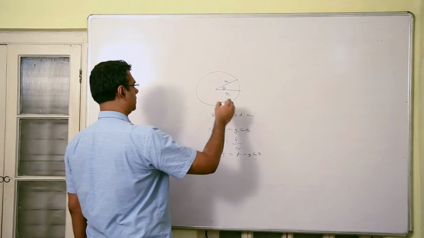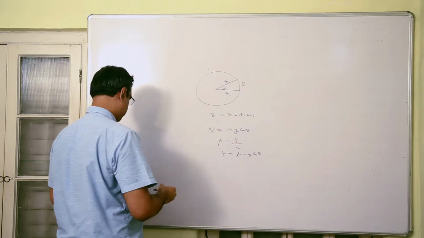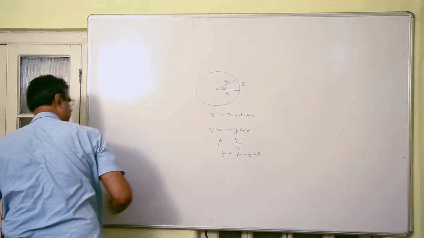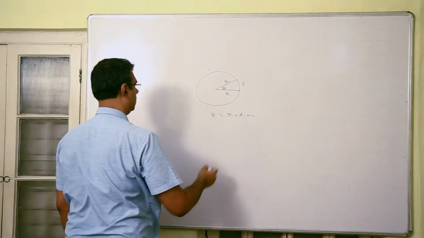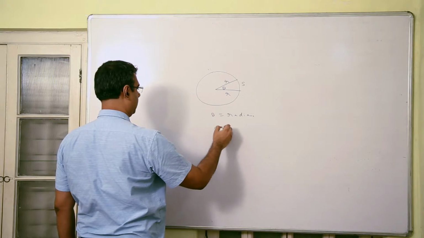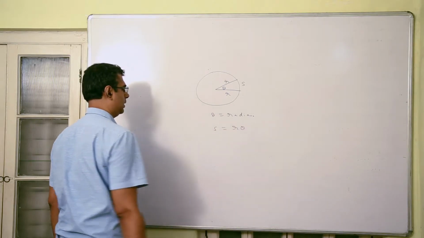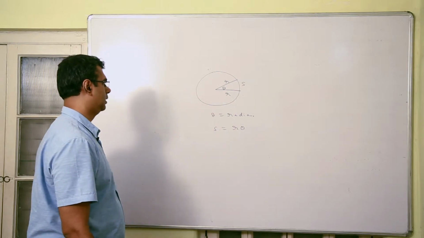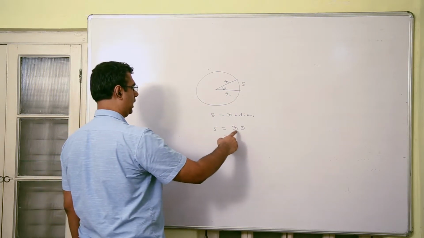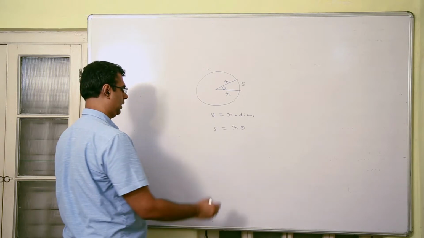So if the angle at the center is theta, and if this arc length is s, then s is equal to r theta is the relation between the arc length and the radius.